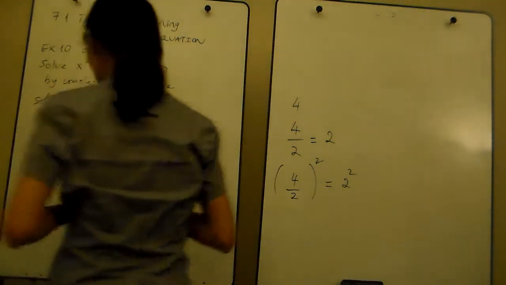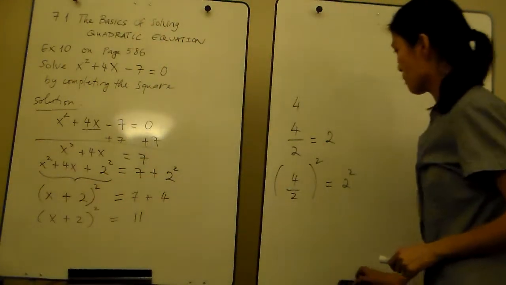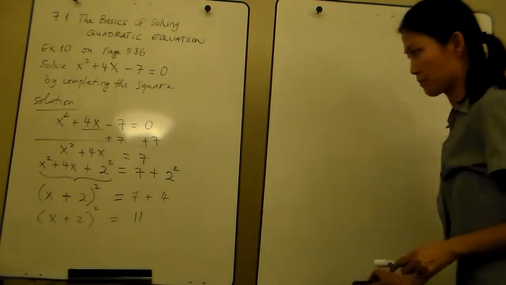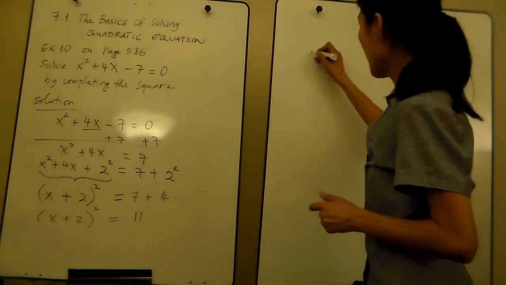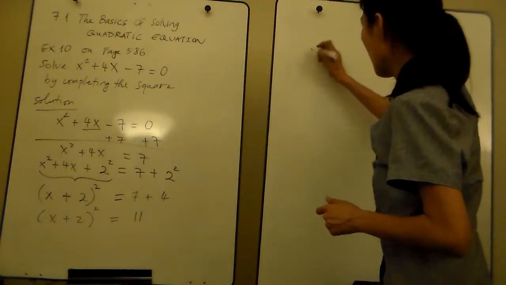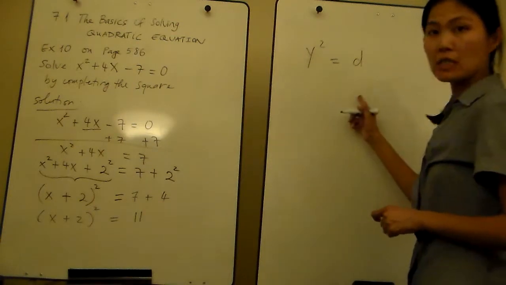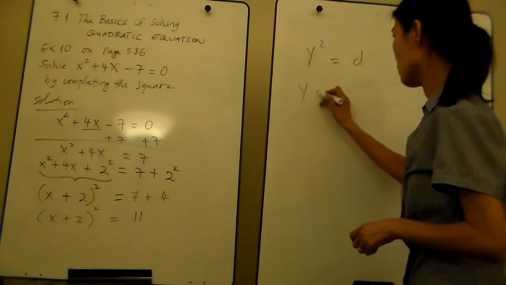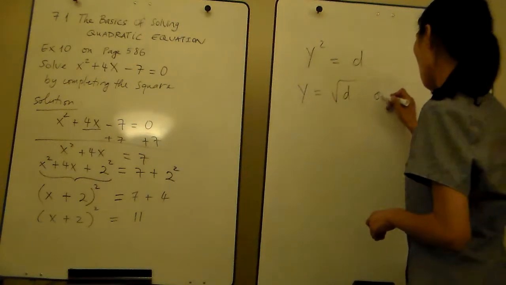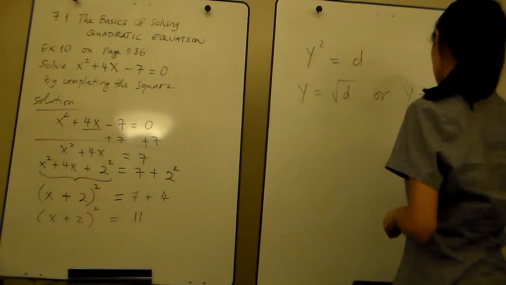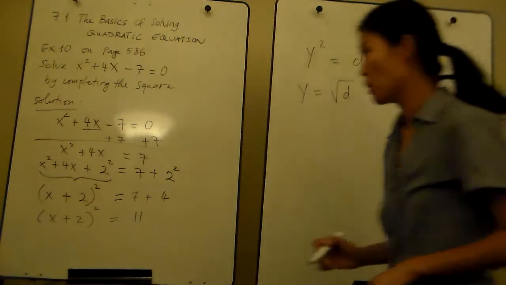Now, for this, we can use the principle of square roots. We'll say y squared equals d. The solutions are y equal to square root of d, or y equal to negative square root of d. Okay?